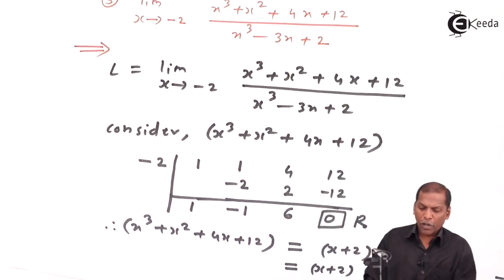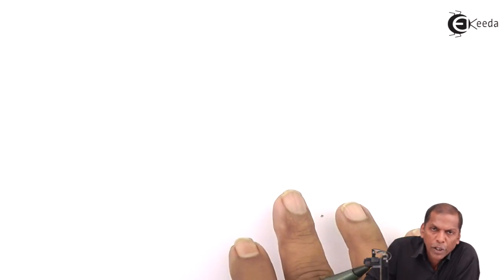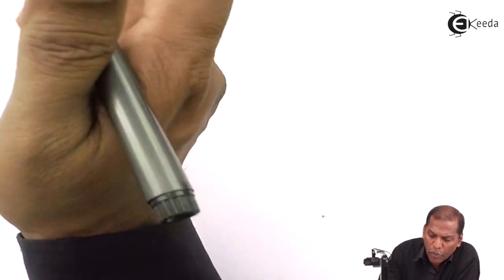So these are all factors of the numerator. Now we consider the terms which are present in the denominator.